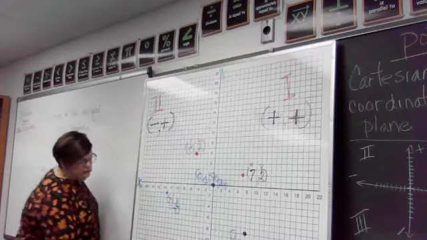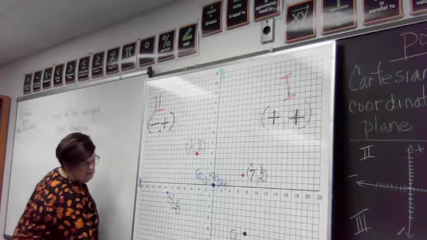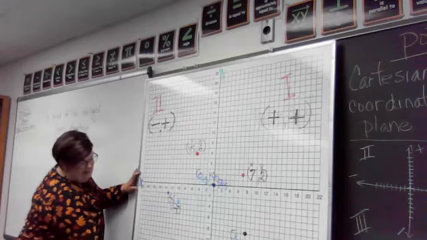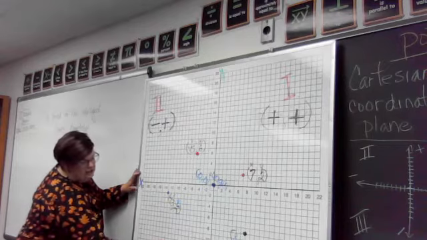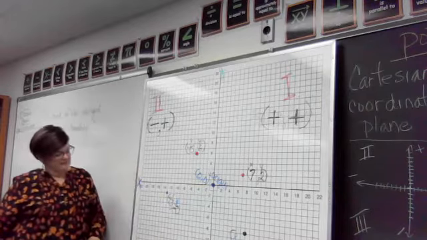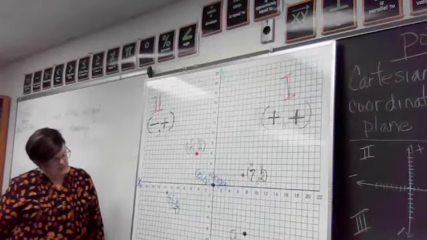So tell me quadrant 3. Negative, negative. Very nice. You're liking this, aren't you? Negative and negative. Looks like a little sleepy face, doesn't he? It's getting ready for bed in quadrant 3.